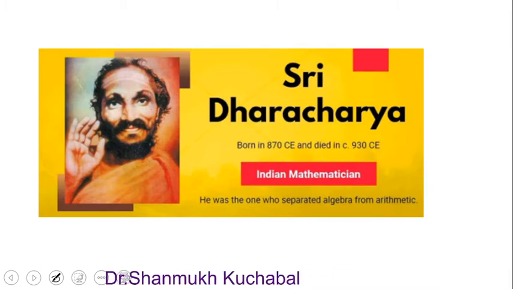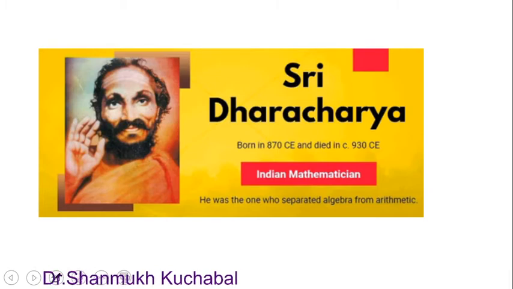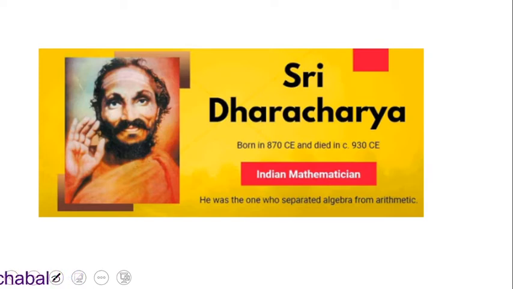He was the one who separated algebra from arithmetic. Earlier algebra and arithmetic were the same, then he separated these two concepts. He is one of the great Indian mathematicians.